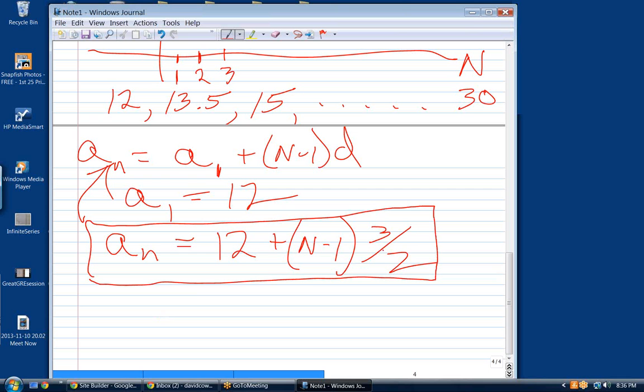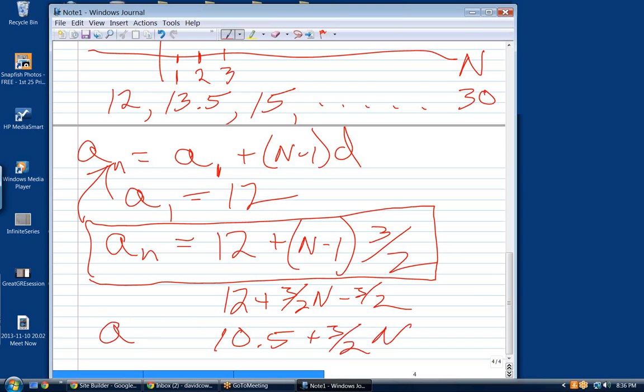We can distribute this 3 halves. So we get 12 plus 3 halves n minus 3 halves, which is 10.5 plus 3 halves n. So there's the nth term of the sequence.